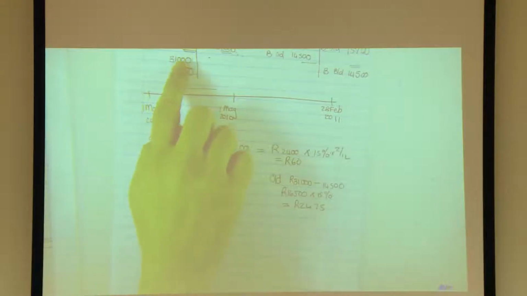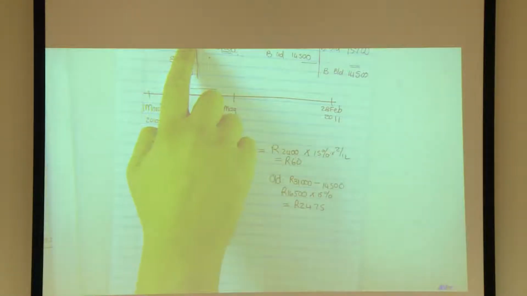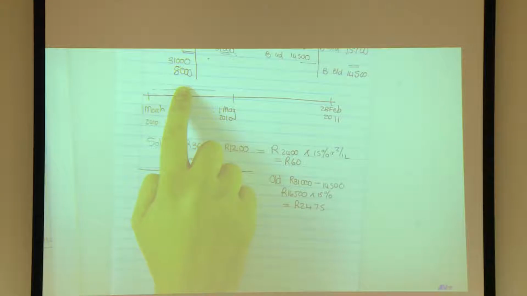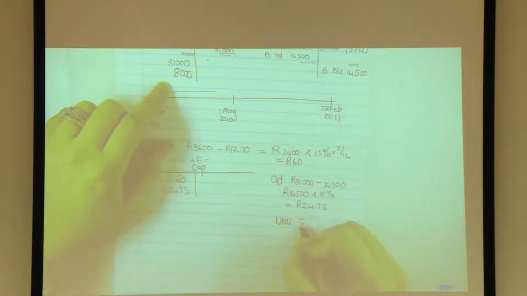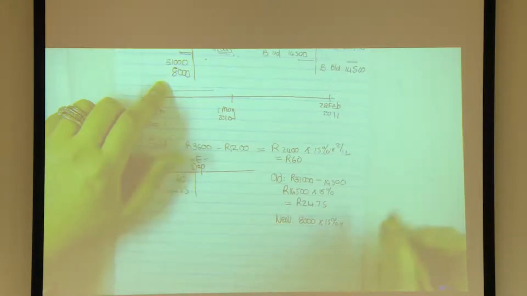So you would have needed to calculate your balance in the beginning as well as your balance at the end. Does the diminishing balance method matter on the new? No. So to calculate on the new, I have to say 8,000 times 15%. When did we purchase it?